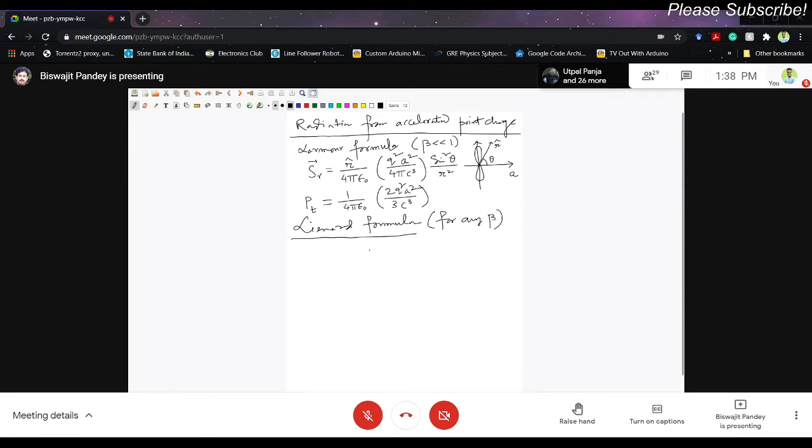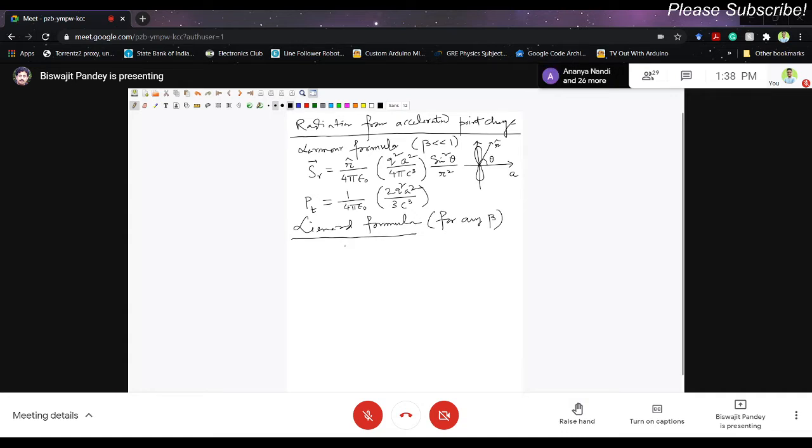For this, we have not yet calculated the radiation pattern, but in the last class we found a relativistic generalization of this formula, which you call the Liénard formula, by finding a Lorentz invariant.